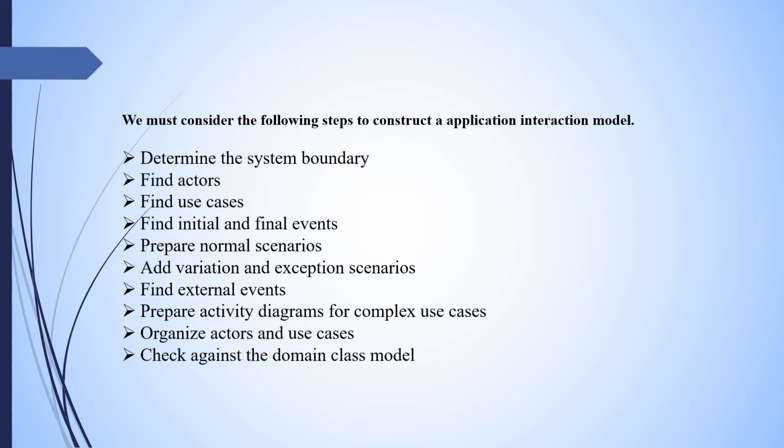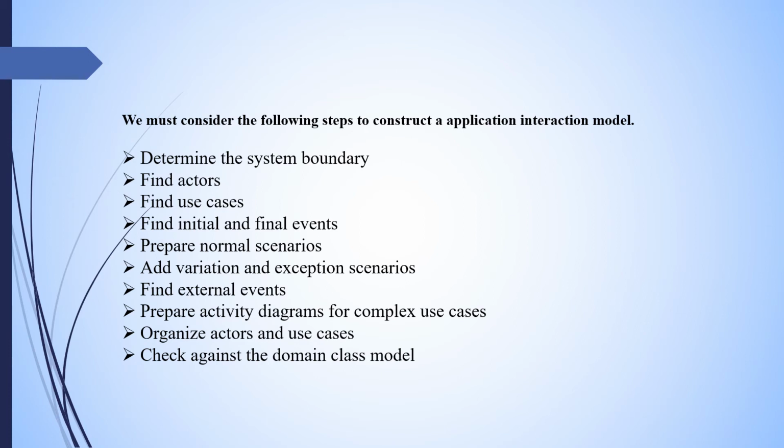During analysis, we decide the purpose of the system and the view that it represents to its actors. During design, you can change the internal implementation of the system as long as you maintain the external behavior.